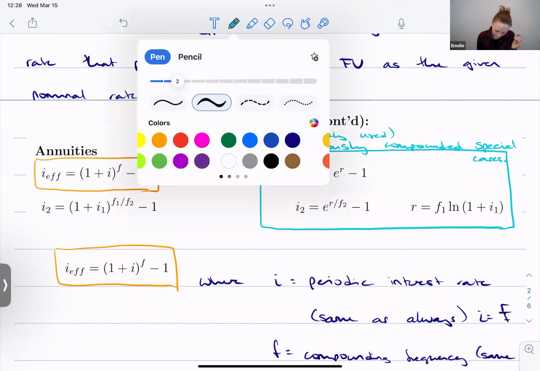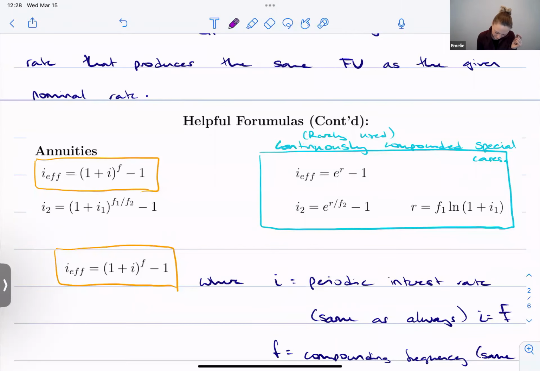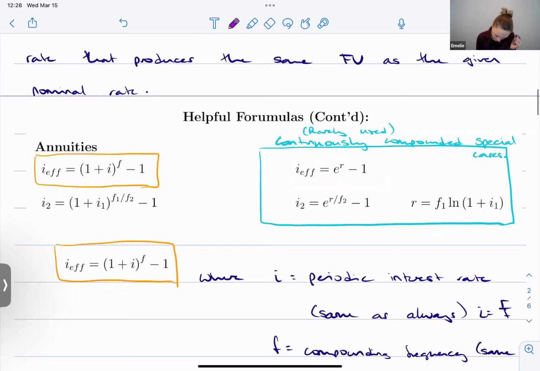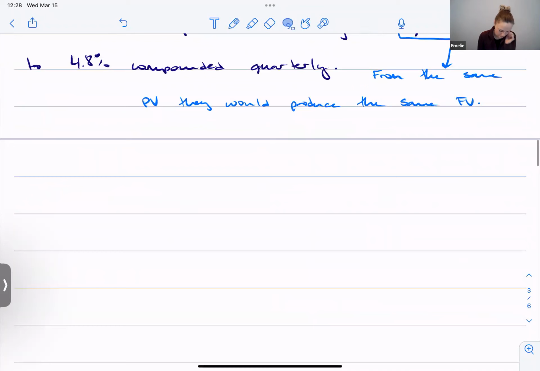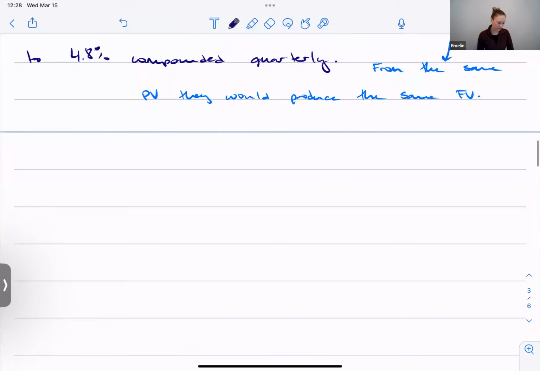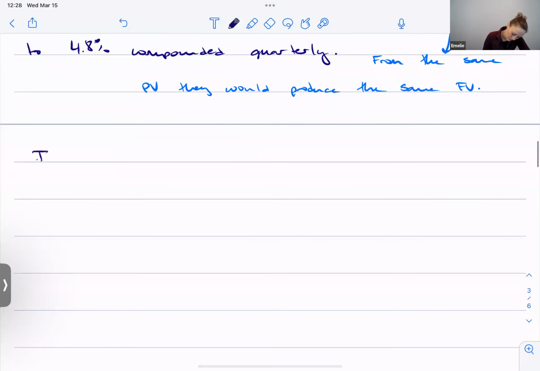Okay? And so here, let's say this one, oh, you know what? I should copy it before I draw around it. Copy. Now draw around it. Okay. So if the original interest rate is compounded continuously, it's a special case.